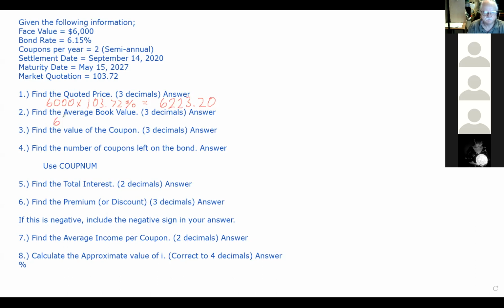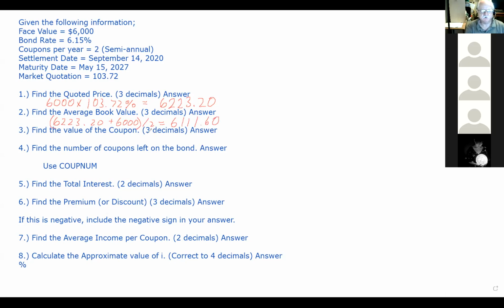So 6,223.20 plus the face value of 6,000 and divide by 2. So let's see what that becomes. $6,111.60. And Moodle would have liked that answer.